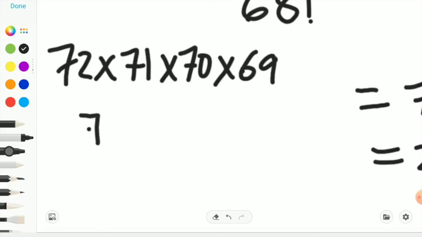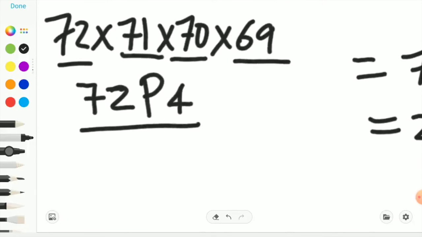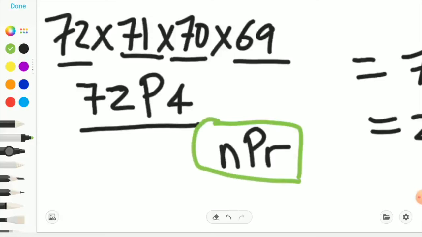So you start with 72 and then you permutate it. There are 1, 2, 3, 4 terms here, so permutate 4. On my calculator, the permutation is NPR, and I have to click shift and then the multiplication button.